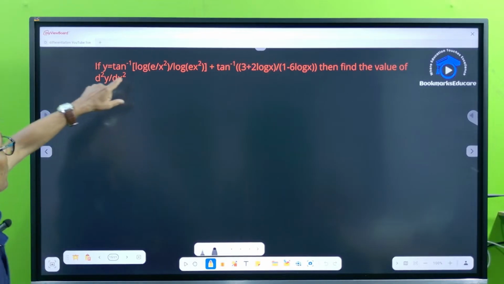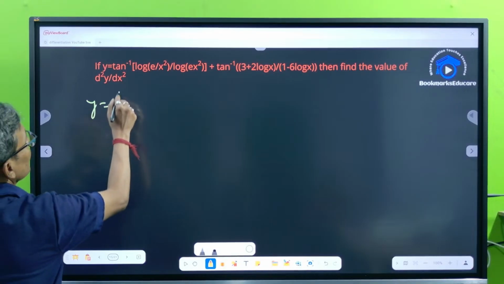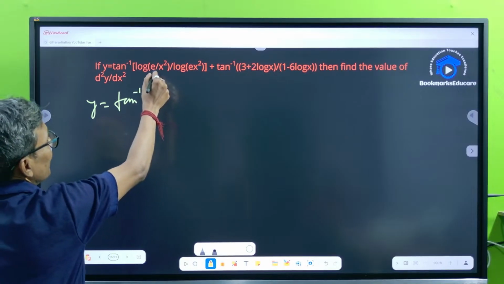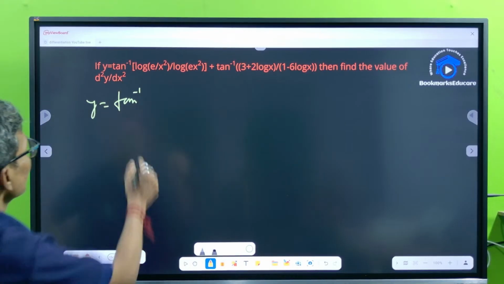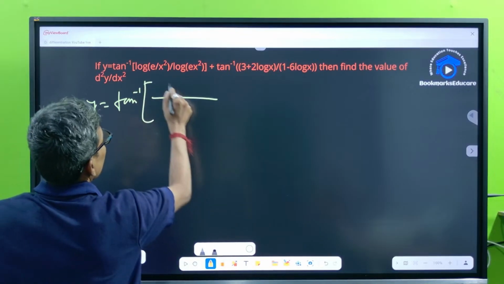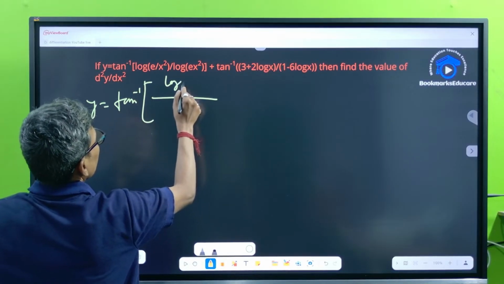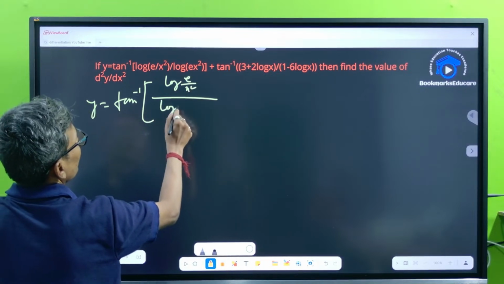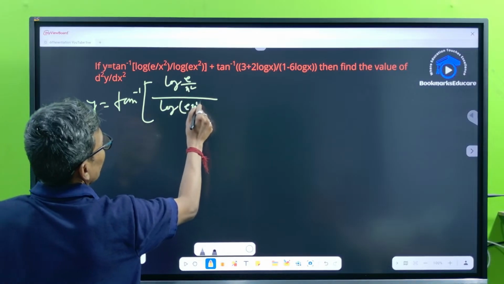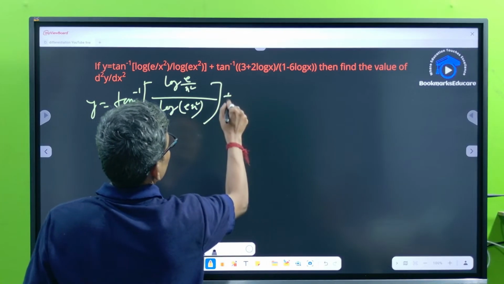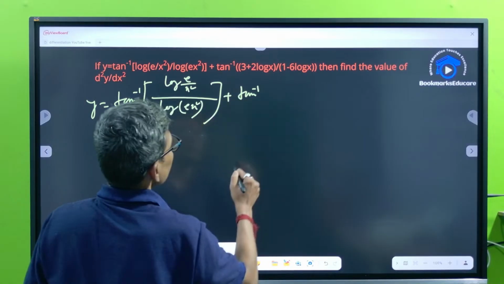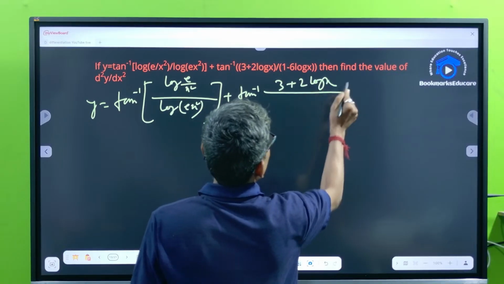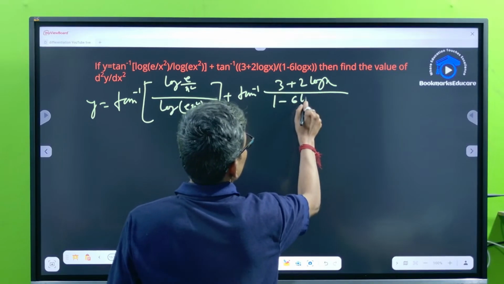And if y is equal to tan inverse log of e by x square by log of e into x square plus tan inverse 3 plus 2 log x by 1 minus 6 log x.